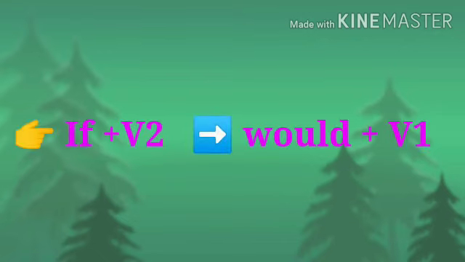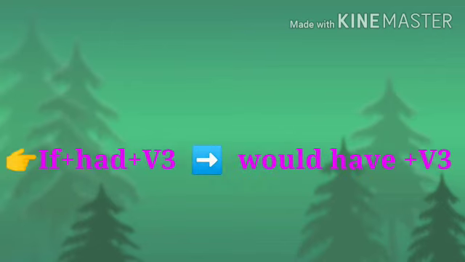If there is V2 in the if clause, we must use would or should or could or might plus V1 in the main clause. And if there is had plus V3 in the if clause, then we must use would or should or could or might plus have plus V3 in the main clause.